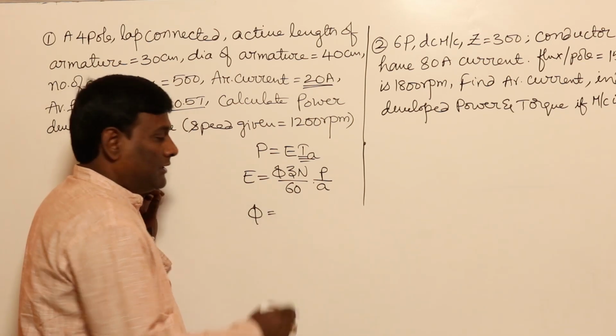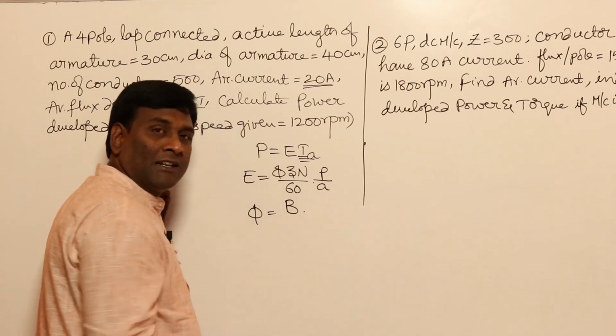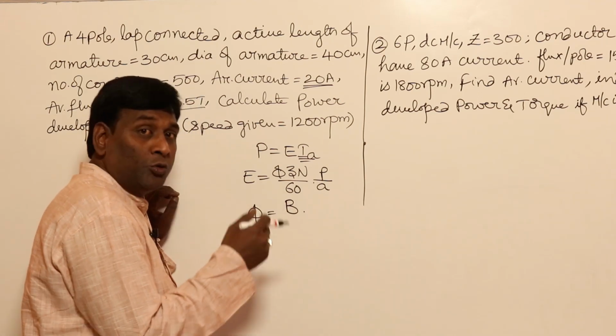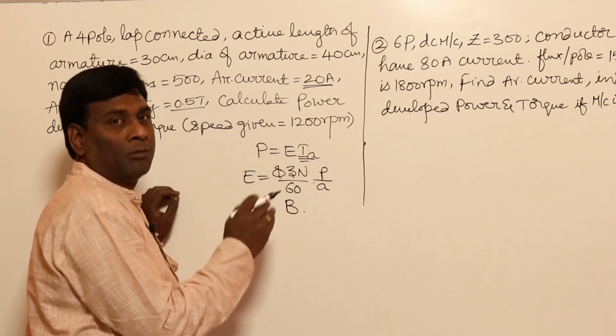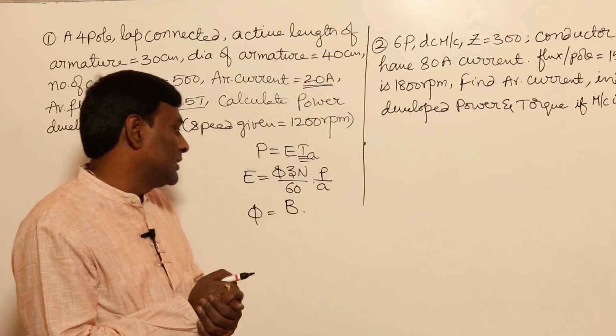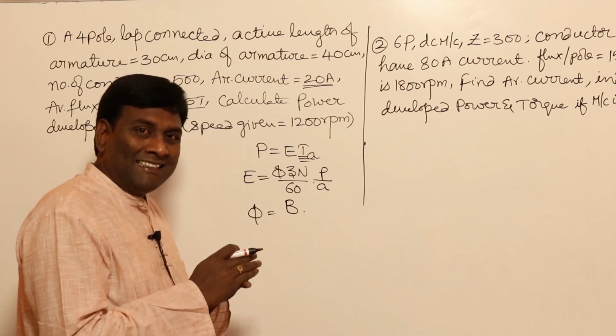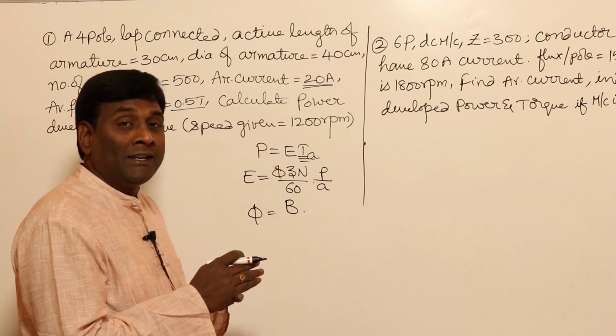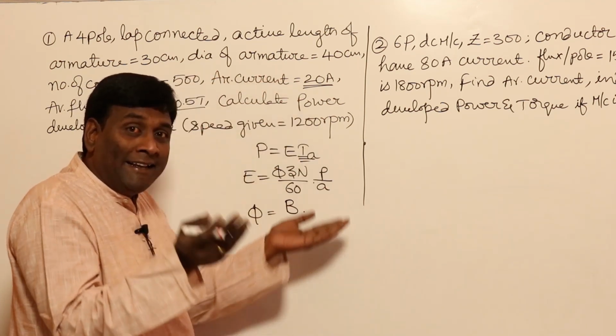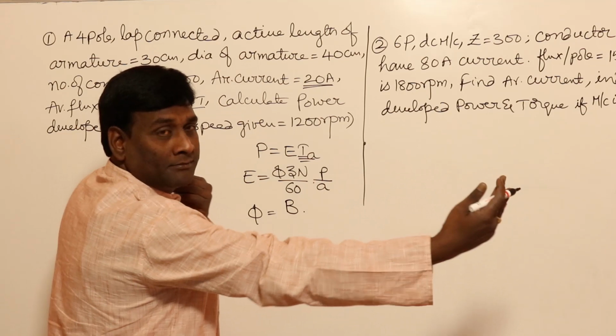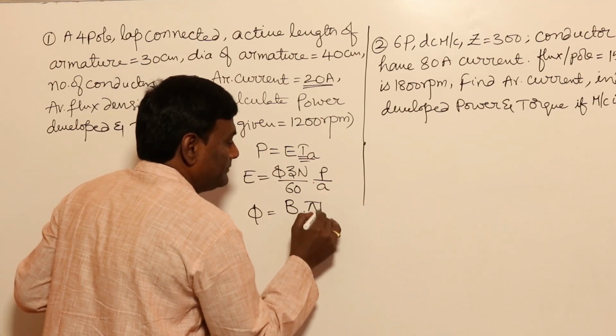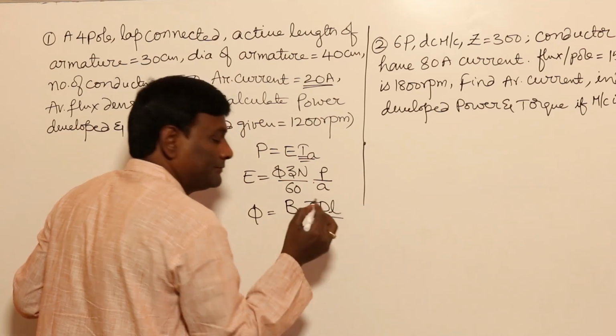It is nothing but average flux density into area. What is area? It means pi d into length, so pi dl by p.